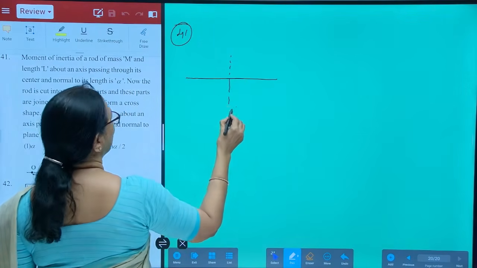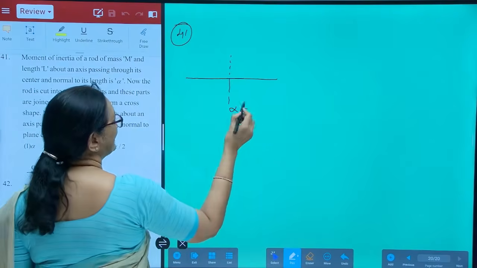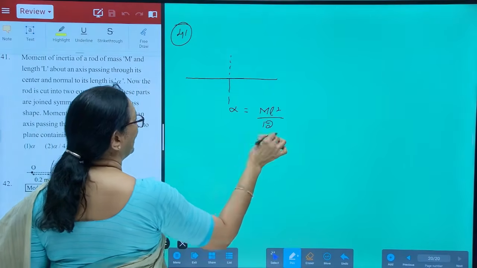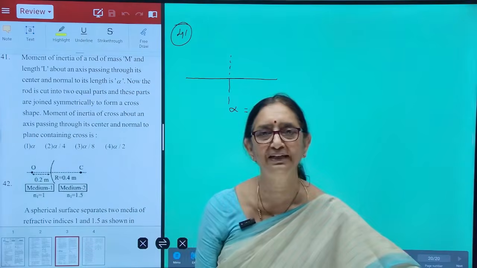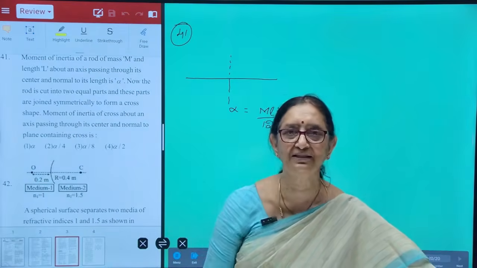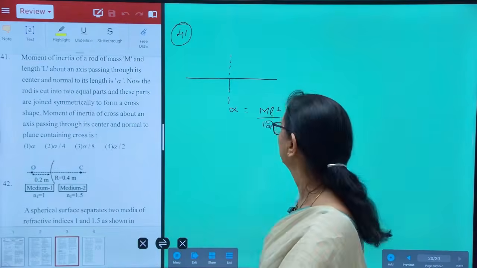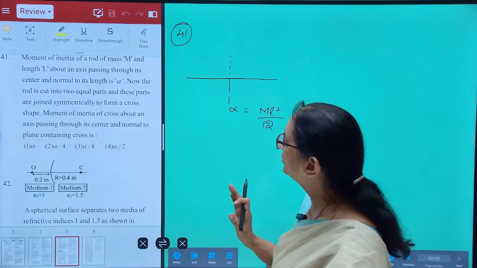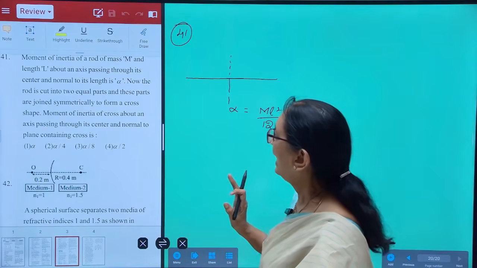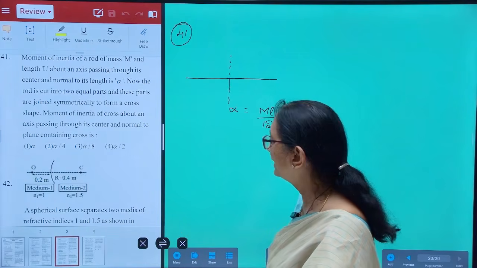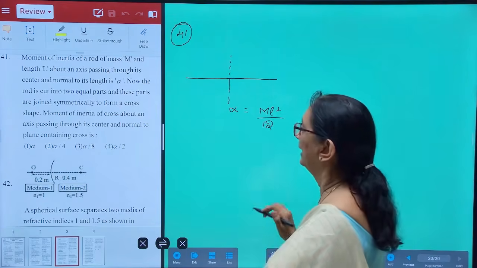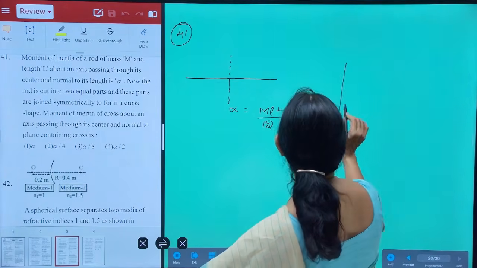We know it is mL square by 12. Moment of inertia of a thin rod about an axis passing through the center, perpendicular to its length is mL square by 12. Now, the rod is cut into two equal parts, and these parts are joined symmetrically to form a cross shape.